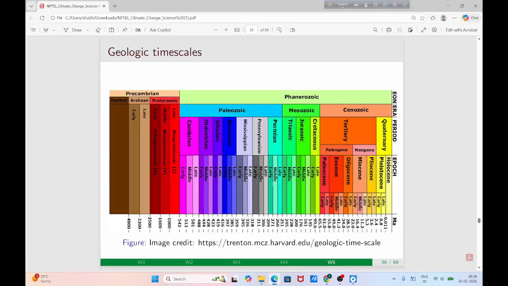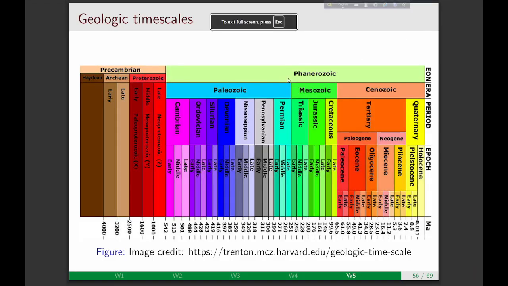Okay. So this slide is not directly related to the whole topic that you have studied, but just for completeness, I have inserted this topic. This shows the geological timescales for the earth, from the very beginning, in million years. Million means 10 to the power 6, or 10 lakhs in our Indian system.